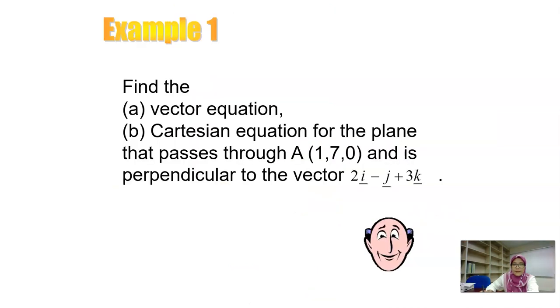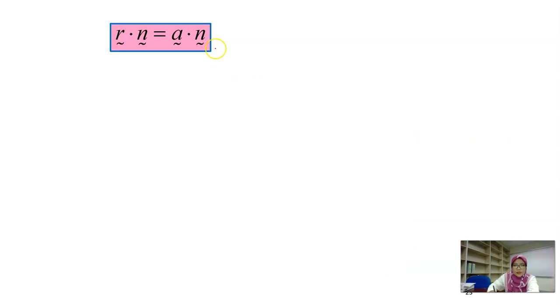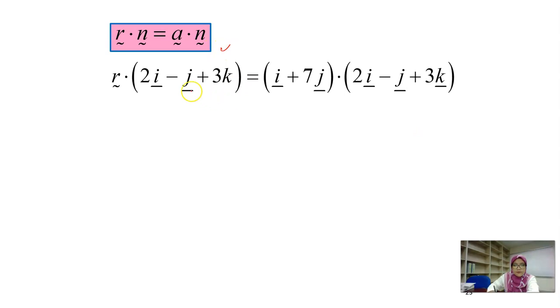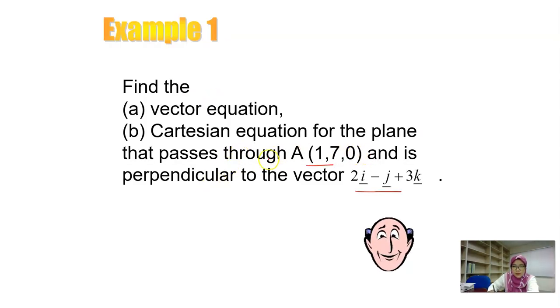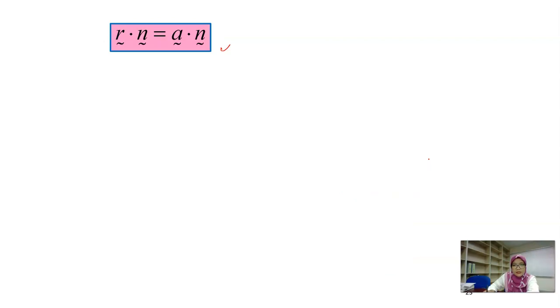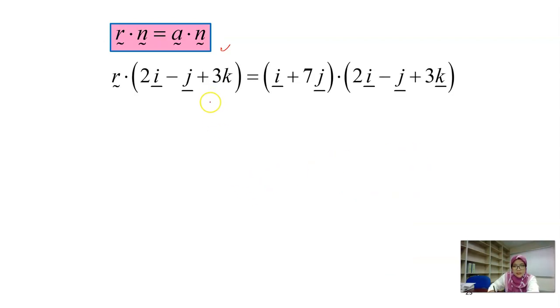Okay, let's look at an example. Find the vector equation, and second, the Cartesian equation, for the plane that passes through A and is perpendicular to the vector 2i minus j plus 3k. In order to find the plane equation, you will need this in general. Your plane is perpendicular to the vector, meaning that this is your normal vector, so we substitute it inside here.